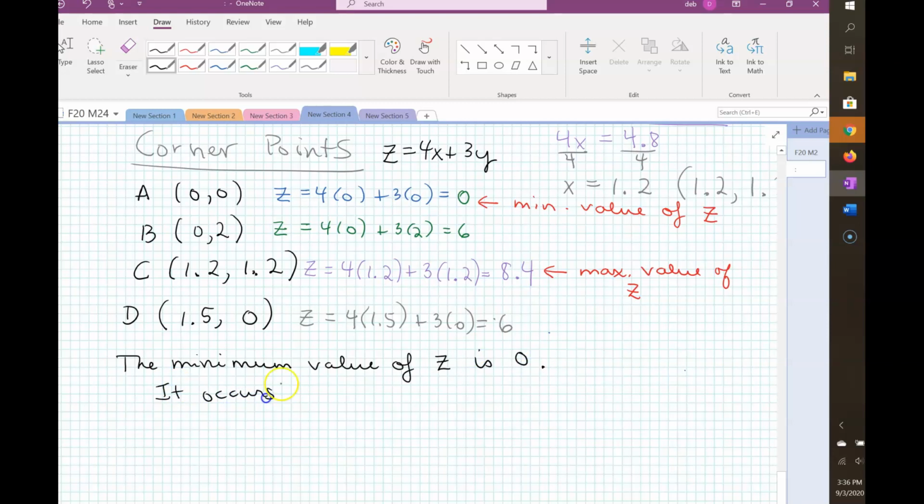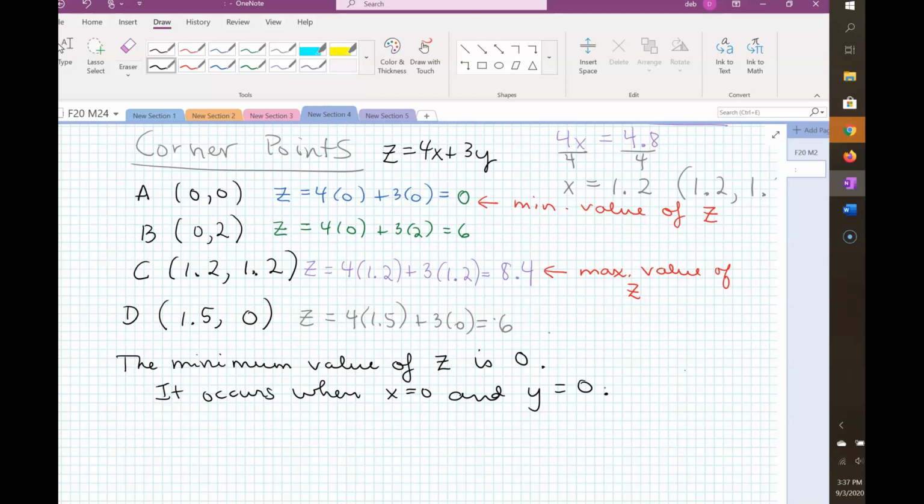It occurs or happens when x equals 0 and y equals 0. So in an actual problem, you're going to fill in the minimum value of the investment, or whatever Z is standing for. And it happens when the amount you invest in account 1 is 0 and the amount you invest in account 2 is 0. So X is going to represent something, Y is going to represent something, and Z is going to represent something in the next section when you're actually solving linear programming problems.